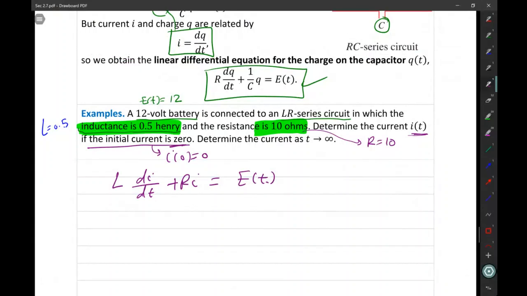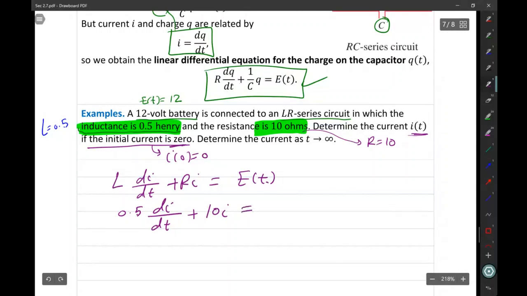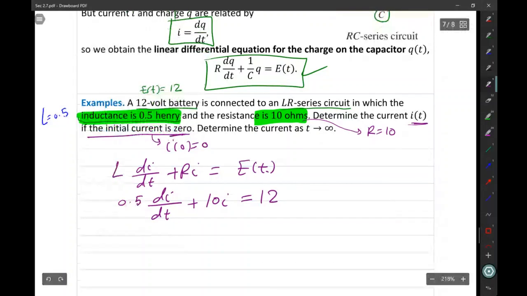Now substitute the given information. So that becomes 0.5 di by dt plus R, which is 10i, is equal to E of t, which is 12.